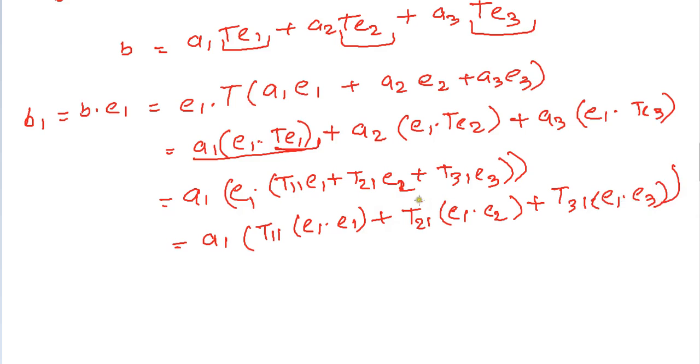These terms are clearly zero because the dot product of E1 and E2 is zero, and likewise for E3, so those parts are zero and this part is one.